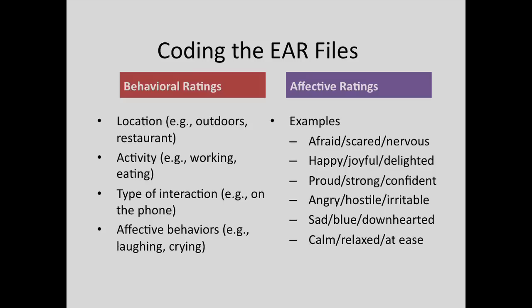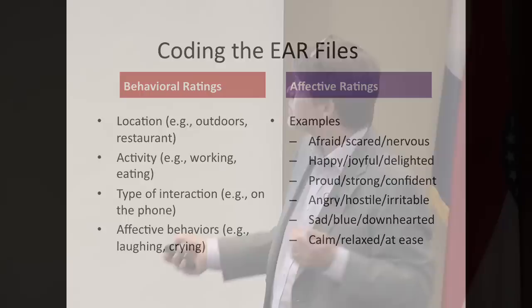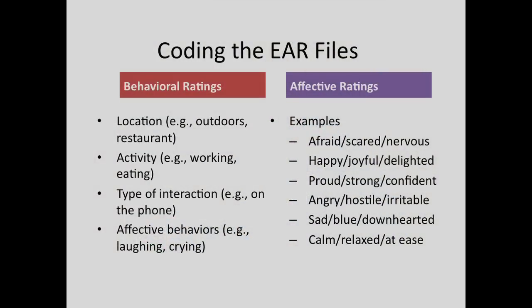What we were interested in that hadn't been done before at that time was that we had our coders listen to these sound clips, and if somebody was emitting some sound, whether it's a sigh or crying or actually talking, we had them rate their affect.